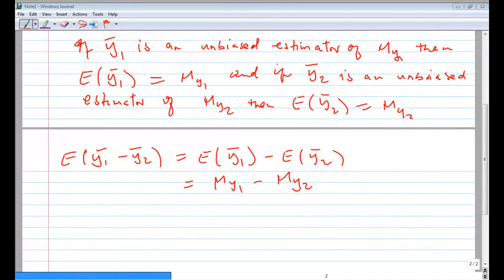Now, for the variance, the var of y bar 1 minus y bar 2 is equal to what? You can tell me. The variance of y bar 1 minus y bar 2 is equivalent to?